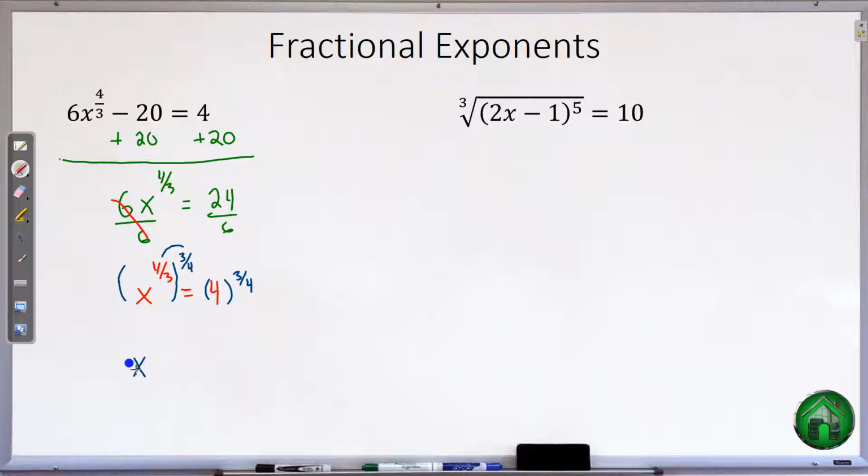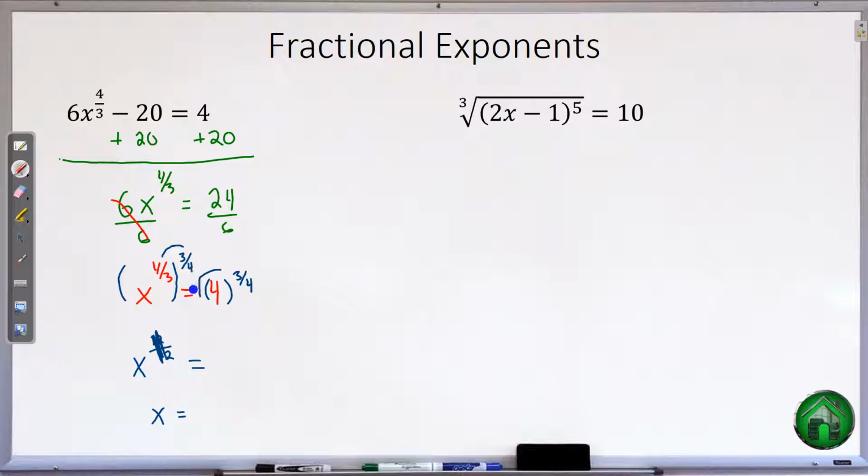So this will be x to the power of, on the top, 4 times 3 is 12. And on the bottom, 3 times 4 is also 12. Well, 12 over 12 is just 1. So this just becomes x to the first power, which is just x. So you can see the 3/4 power canceled things out and left us with just x.